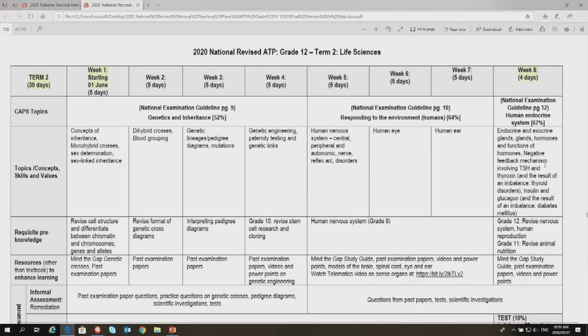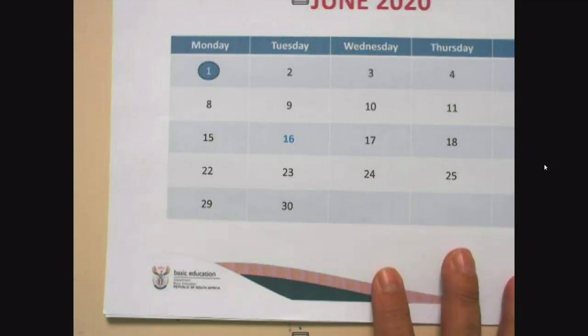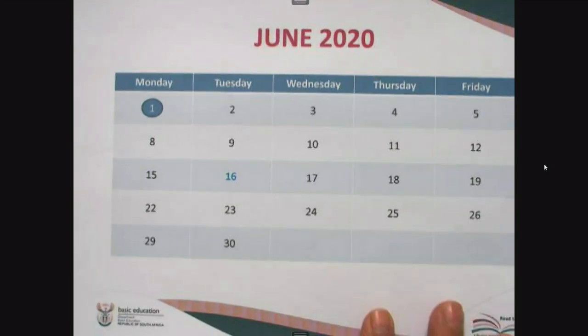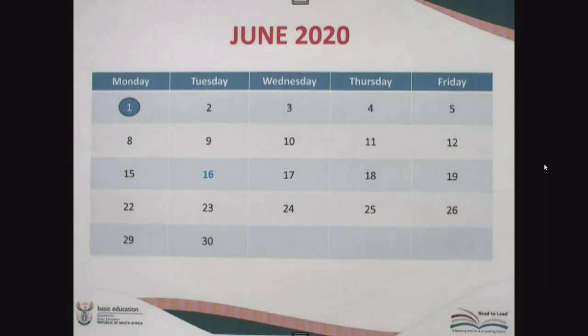Now I want to explain to you something that's on the desk cam here, where I quickly, just to show people, before we go to the ATP, how the next 3 months, or 4 months, 5 months, until the learners are writing, are now looking.